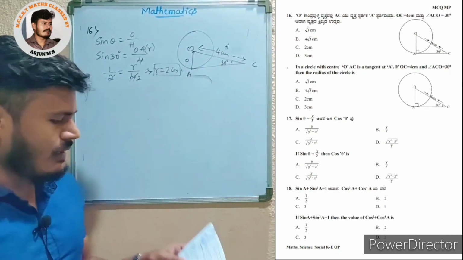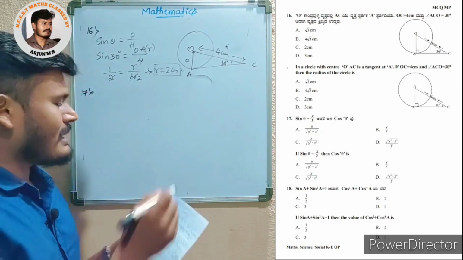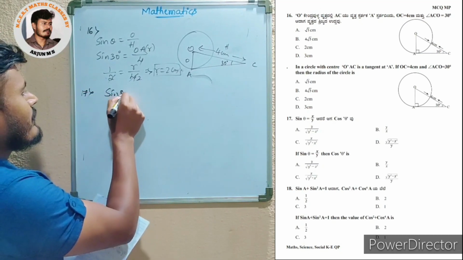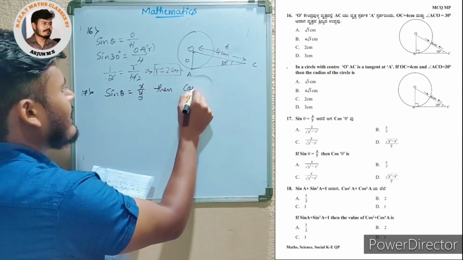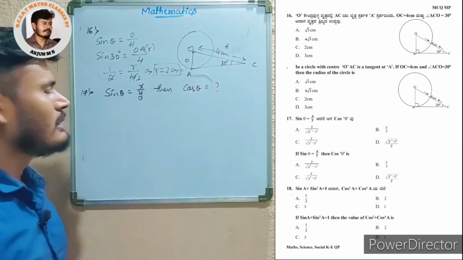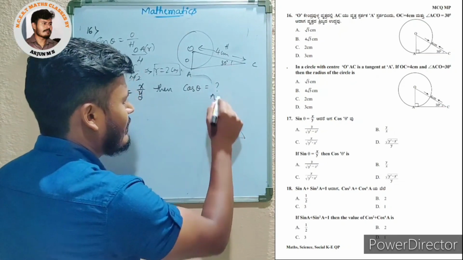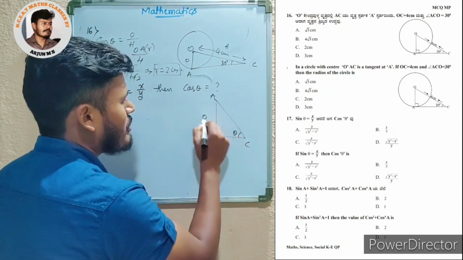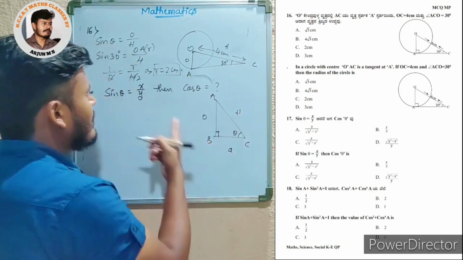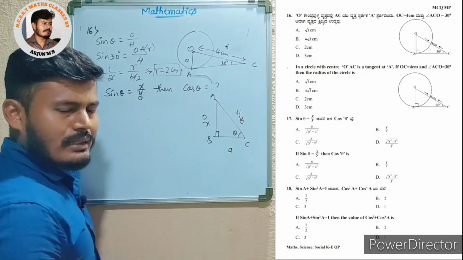So then we're moving on to the next question, that is the 17th one. If sin theta is equal to x by y, then cos theta is equal to what? Sin theta is equal to x by y, that means by drawing right angle triangle ABC, here theta is at vertex C, then opposite, hypotenuse and adjacent. So sin theta is equal to opposite by hypotenuse, x by y. Then what about BC?